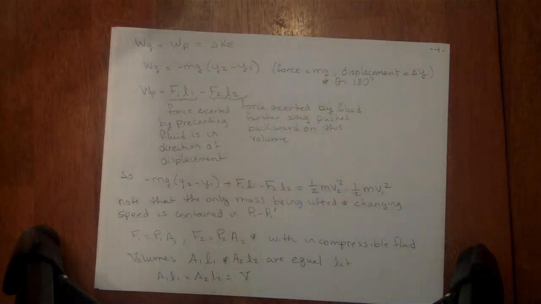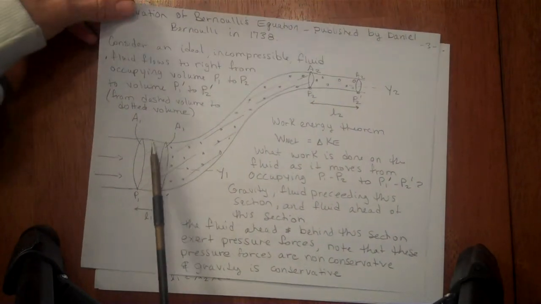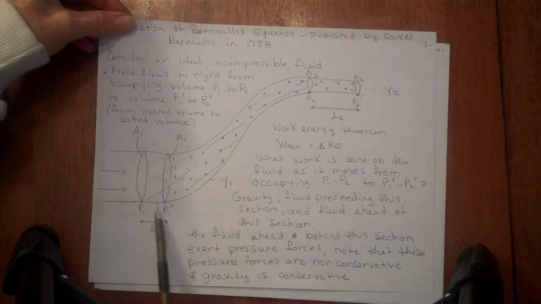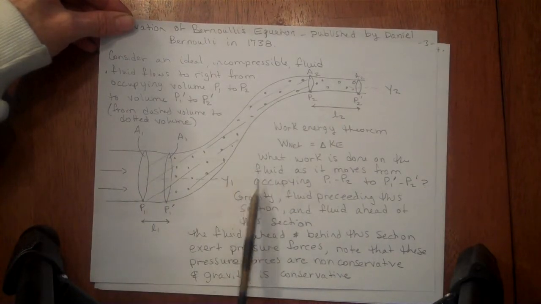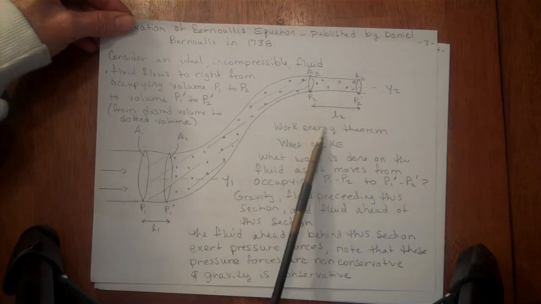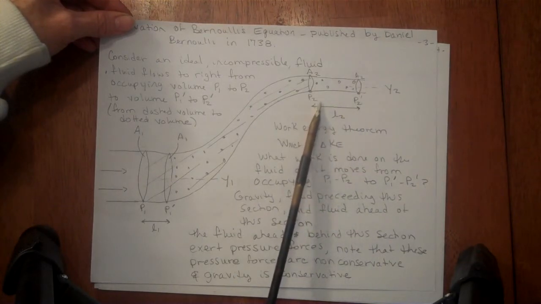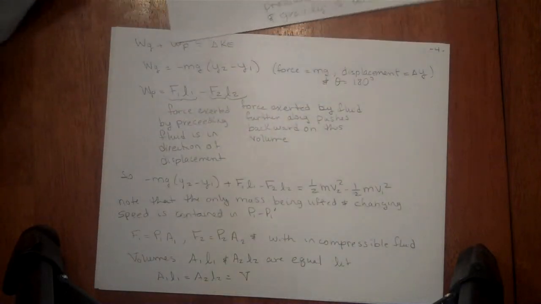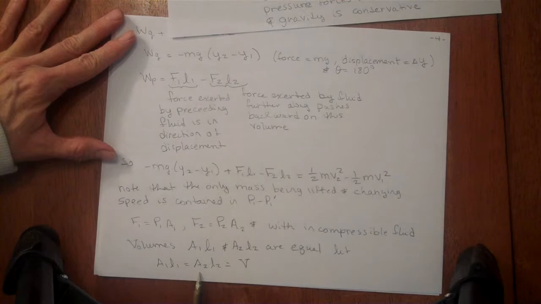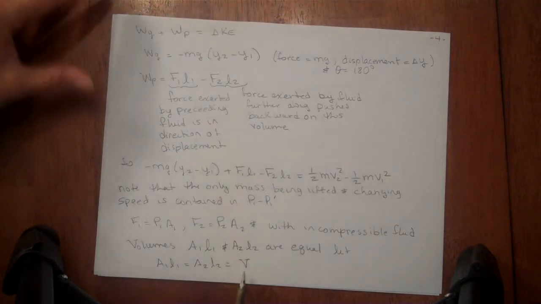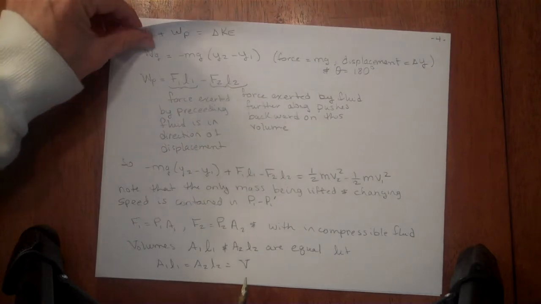So again, coming back to our picture, this volume contained between P1 and P1 prime is equal to the volume contained between P2 and P2 prime, because this is an incompressible fluid. So we're just going to let A1L1 equal A2L2, which they do, and just call that V. They are the same volume.